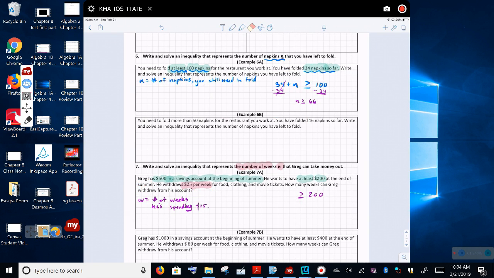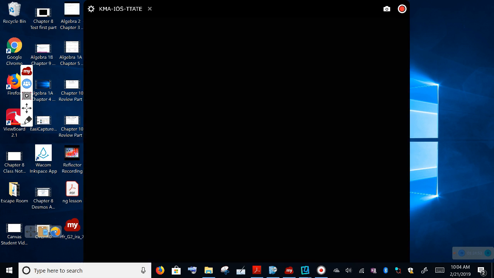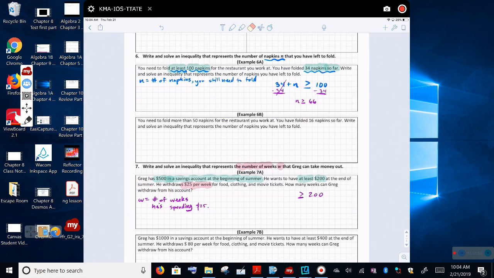Alright, so maybe the toughest part is figuring out the left side. Do you have any ideas? How much does he start with? He starts with 500. Will his money go up at any point? No, it actually goes down.